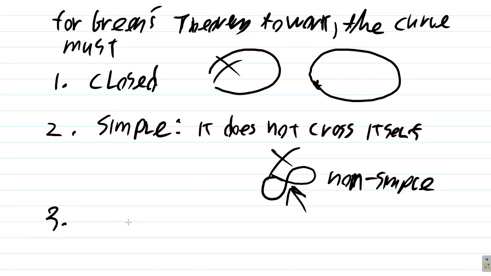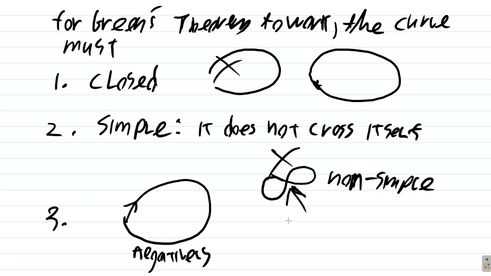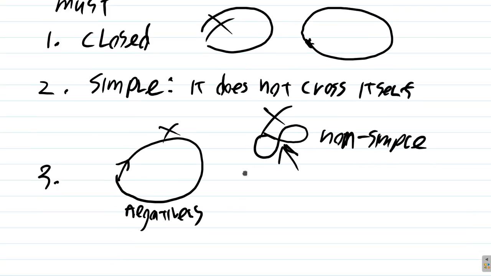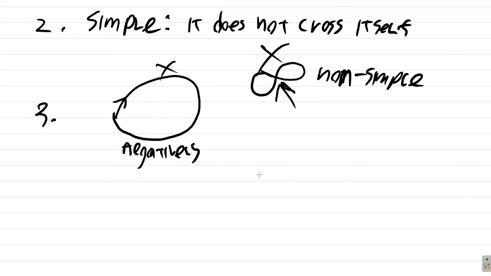That means the direction is anti-clockwise. The direction it travels is such that the inside of the curve is on the left. It must go anti-clockwise. Here, this is negatively oriented. It must not be this. It must be positively oriented. That means it must be like this.